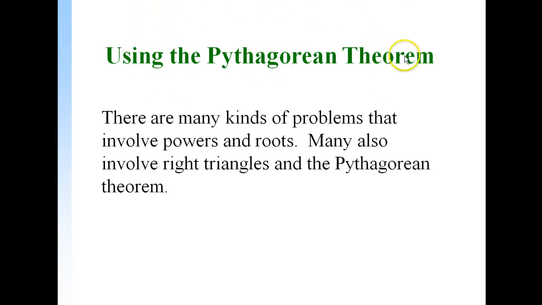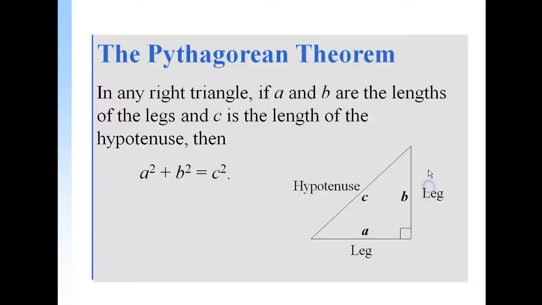So using the Pythagorean theorem, there are many kinds of problems that involve powers and roots. Many also involve right triangles and the Pythagorean theorem. And what is it? Well, if we have a right triangle, one of the angles is 90 degrees, then the sides adjacent to the right angle are called legs, and the side opposite is called the hypotenuse.